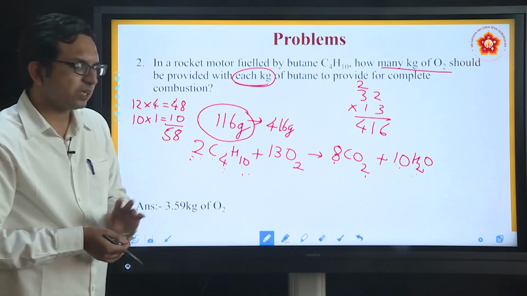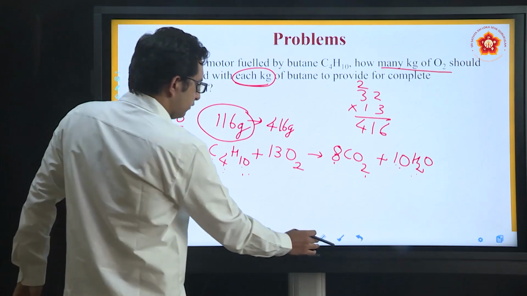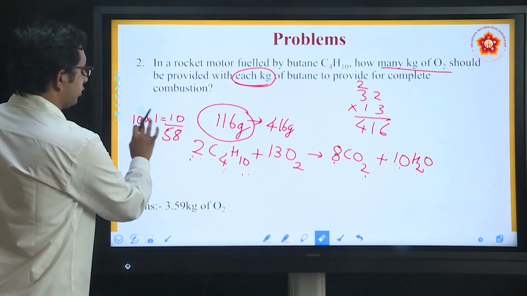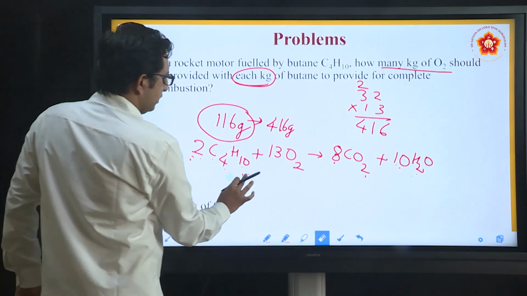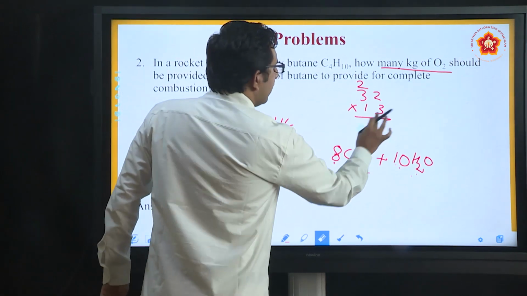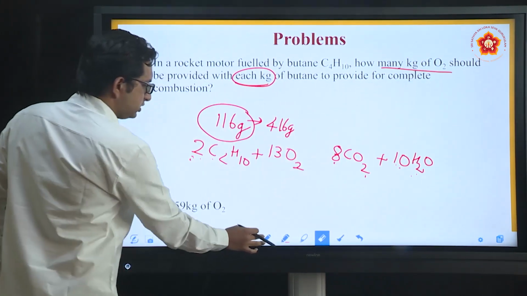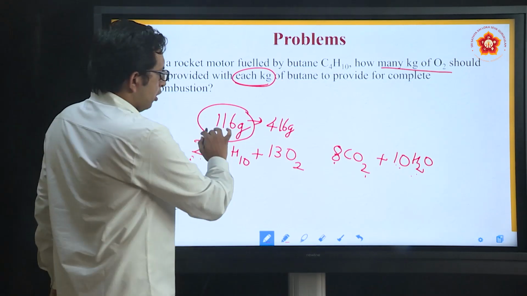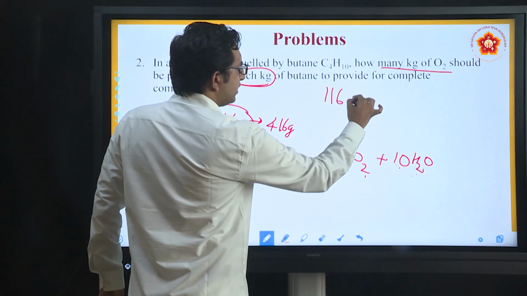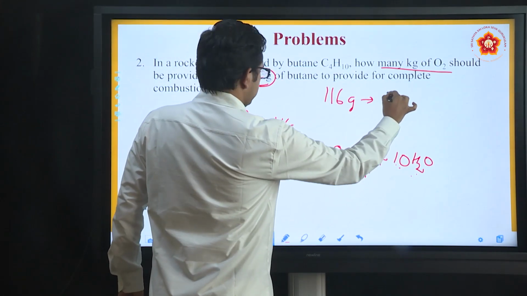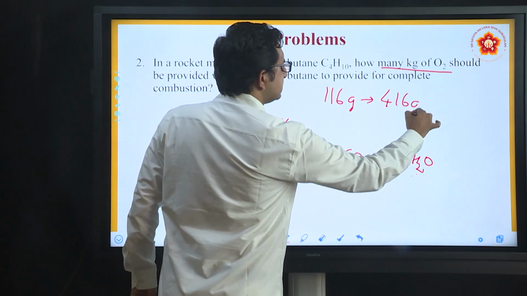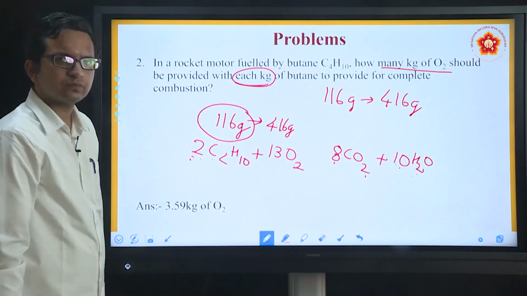Very clearly it is showing that 116 gram of butane utilizes 416 gram of oxygen.